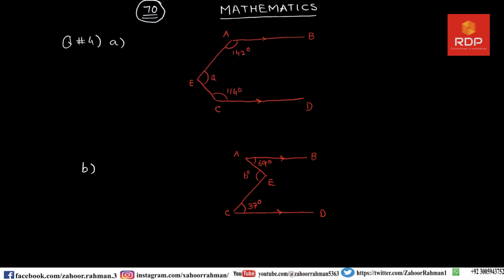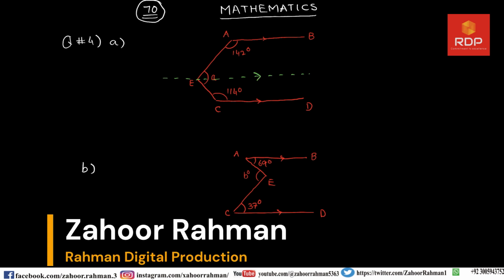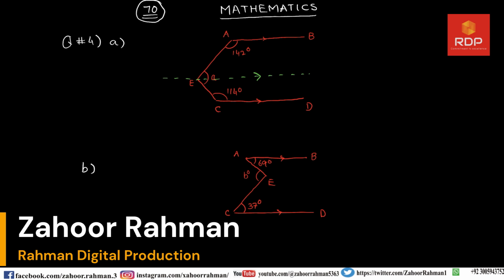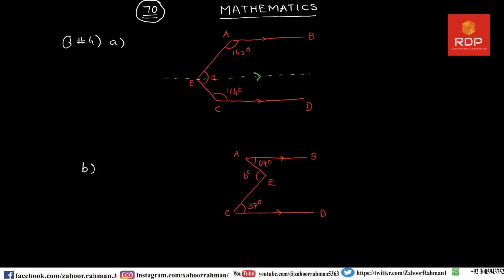So what we should do is make the situation suitable to apply those things. So we are drawing a parallel line to AB and CD. Now we divide the angle A into part number 1, which is this area, and part number 2, which is this area.